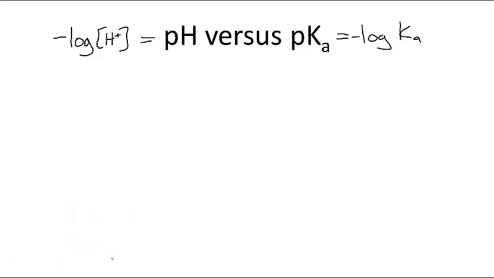So the concentration of H plus is a property of a given solution. It's not a property of a molecule. It's not an intrinsic property of a particular acid like HNO2 or H2SO4. Those don't have a pH because you have to say what concentration they have in order to determine pH.